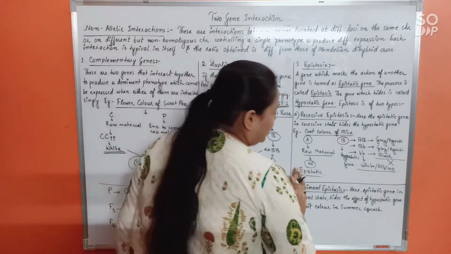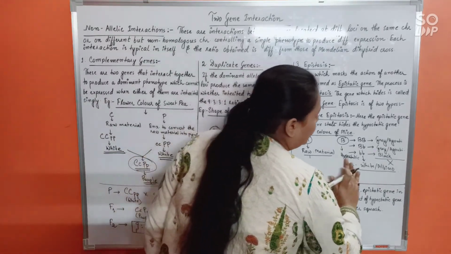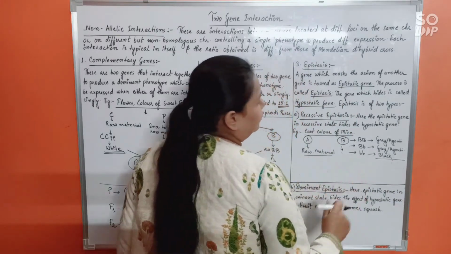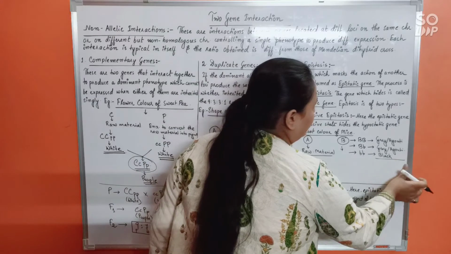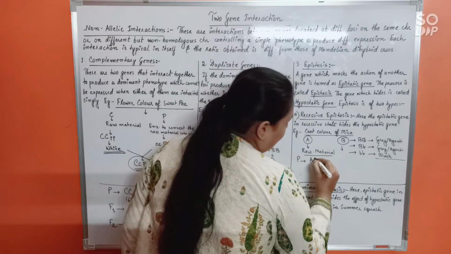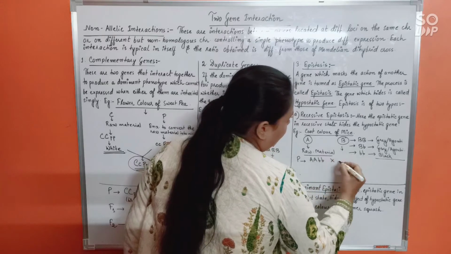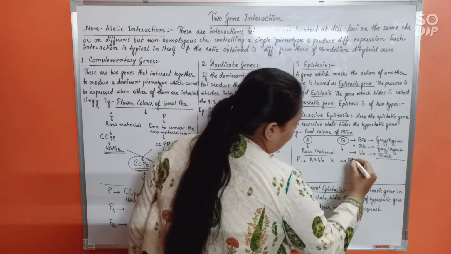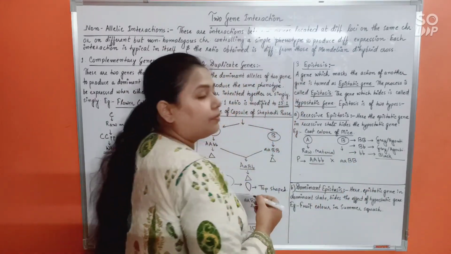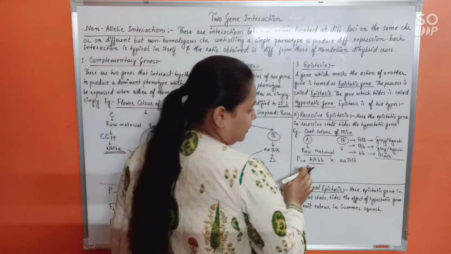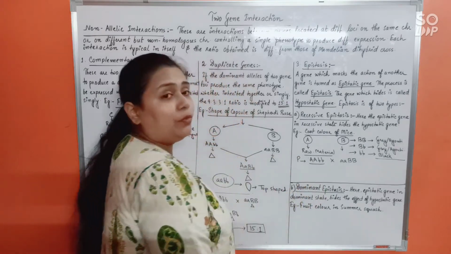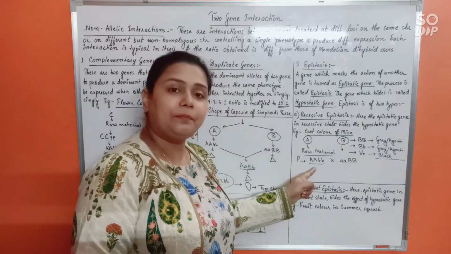So now is your task. What you need to do is this. Take the parental generation to be this. What will be the color here? Can you tell me what will be the color in this kind of genotype?